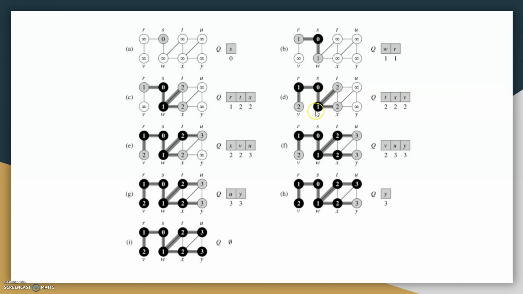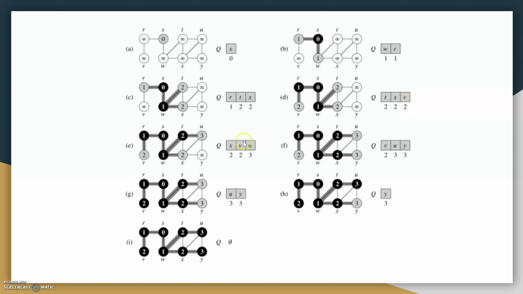You still have to finish that one before you go to the second set, which has 2, T and X. So you go back to R, and from R you can reach V. Then R becomes black because it has finished processing, and V goes into the Q. You still have T and X in the queue as 2, because those two are still gray, and now V comes after T and X, and it's also 2.